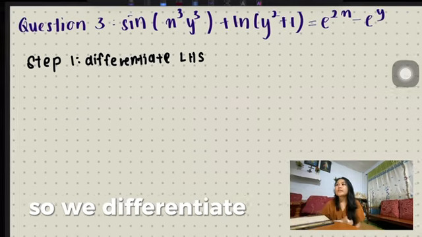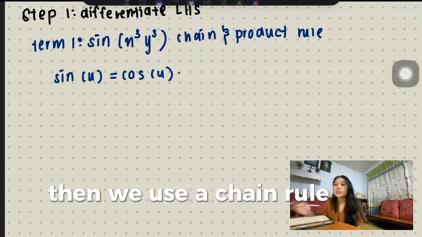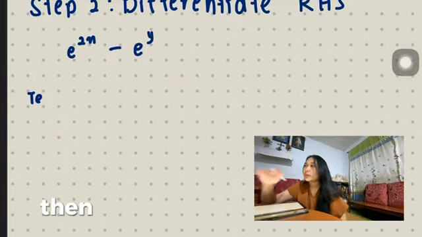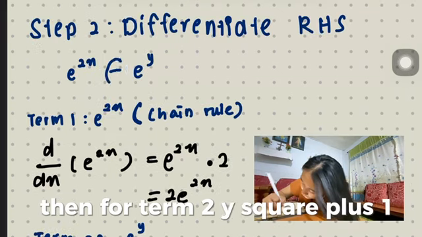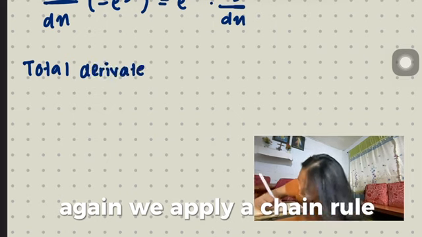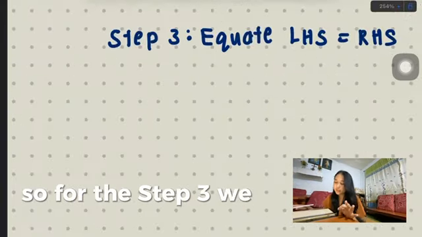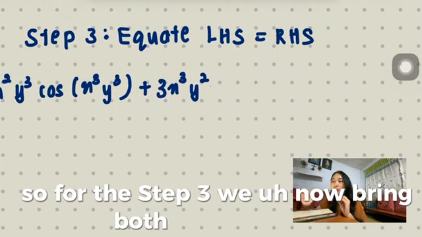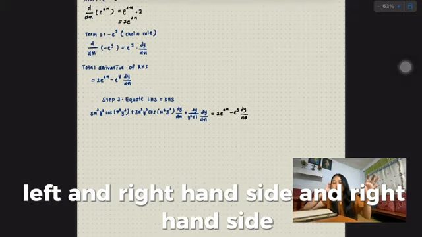So, we differentiate term by term. Then, we use the chain rule and product rule here. Then, for term 2, ln(y squared plus 1), again we apply the chain rule. So, for step 3, we now bring both sides together, left hand side and right hand side.